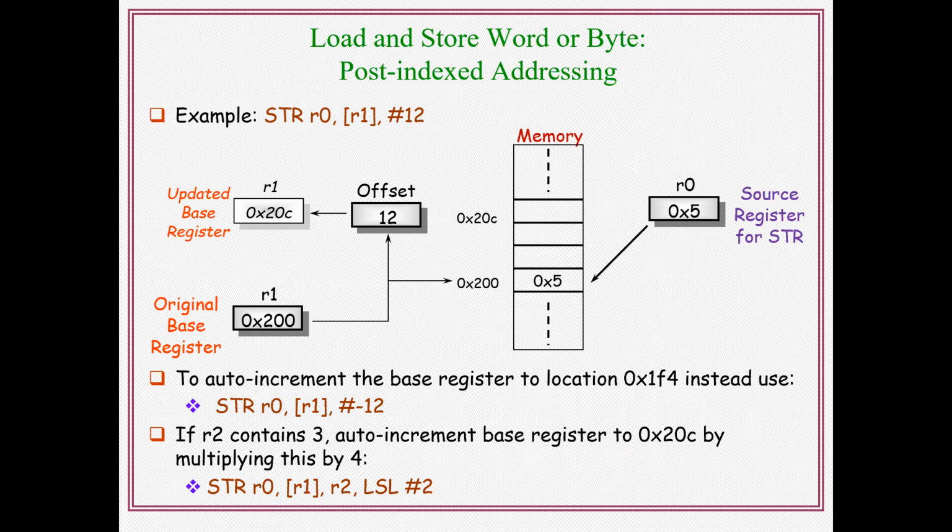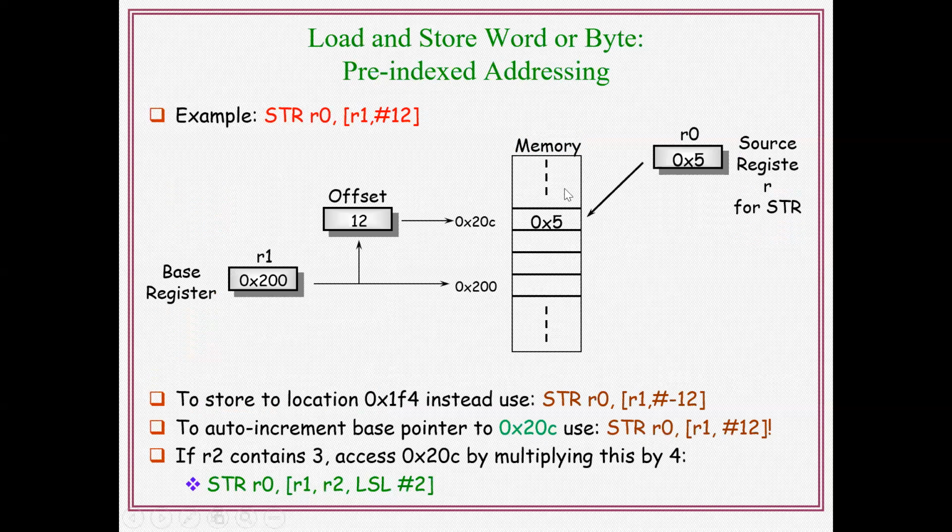Next one is post indexed addressing mode. Load and store word or byte, post indexed addressing. For example, STR R0, [R1, #12H]. In this case, if you observe here, it is pre-indexed addressing mode, because the bracket is for R1, comma, #12H.